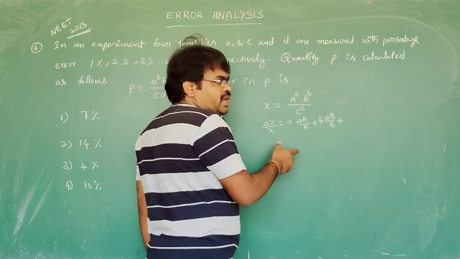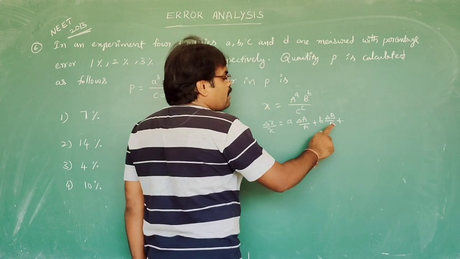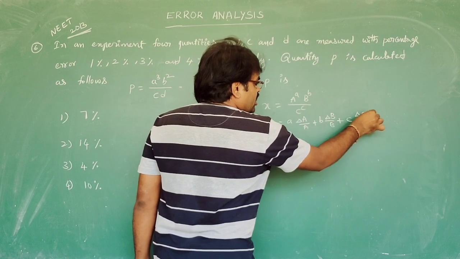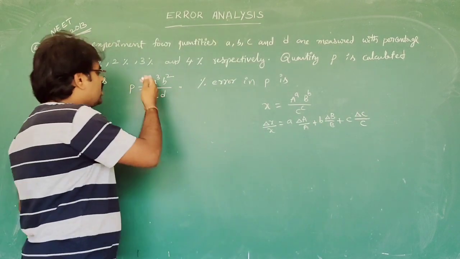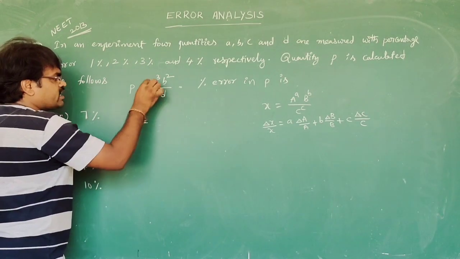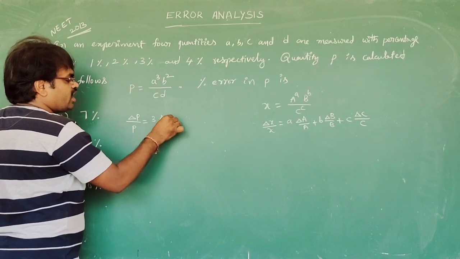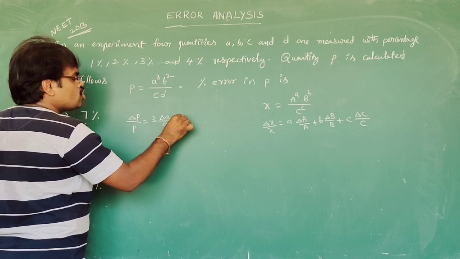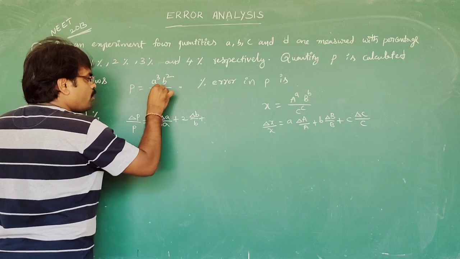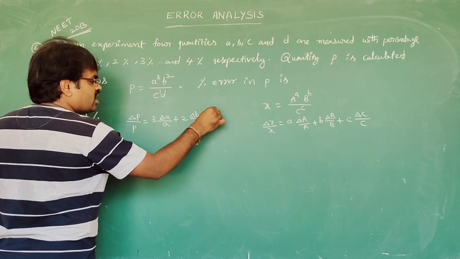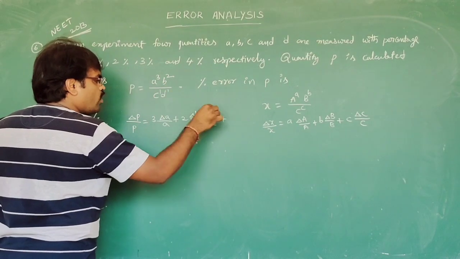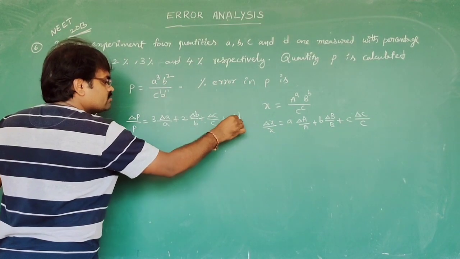That is, when calculating the maximum error you can take only the sum. That is c into delta C by C, like this. Now also we can write directly, delta P by P is equal to 3 into delta A by A plus 2 into delta B by B plus, here the power is 1, into delta C by C plus 1 into delta D by D.